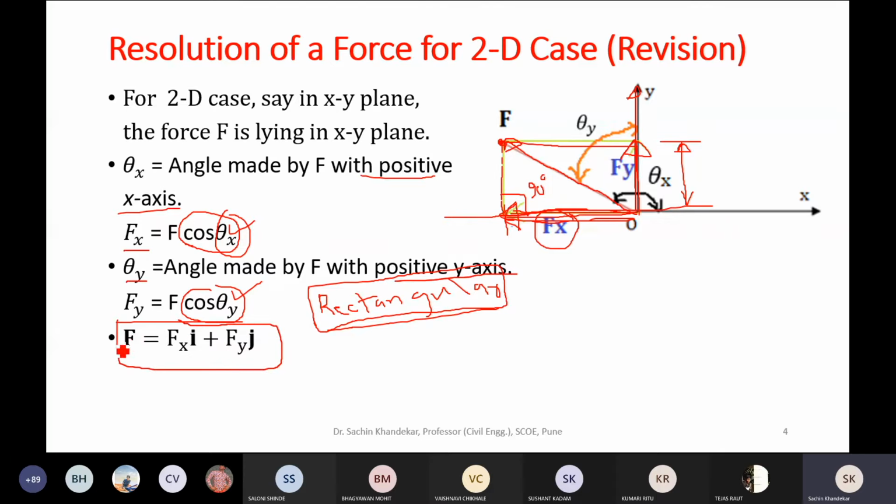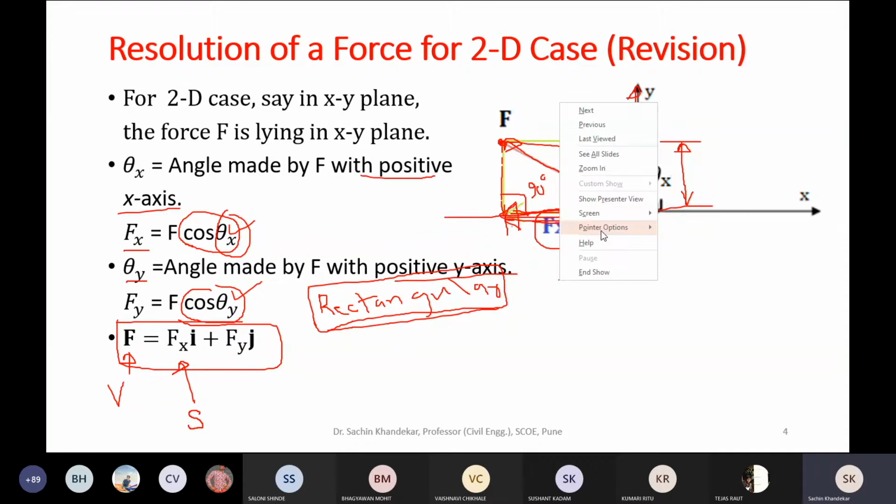And in vector notation, we represent this as follows. Please note that the bold-faced letter means it's a vector quantity, this is the symbol I have used, and not bold means it is a scalar quantity. So this force vector F, I write in vector form as Fx i plus Fy j.